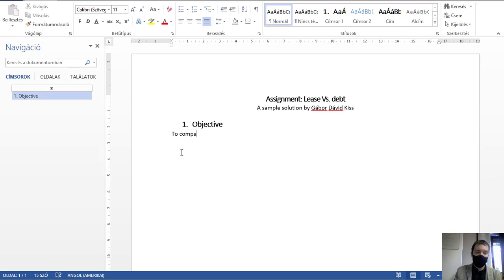to compare the use of commodities under debt, bond, or financial lease financing.